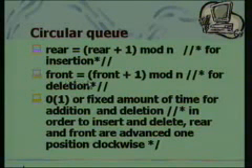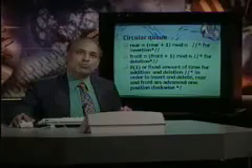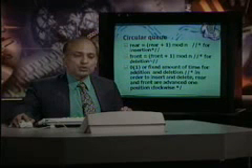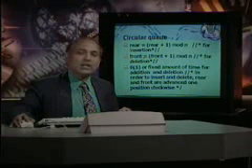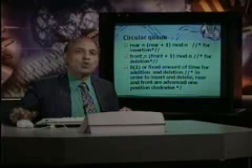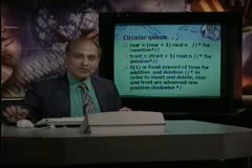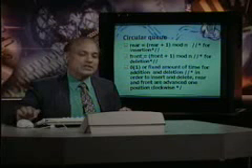Front will also be written in the same design, because if you keep on removing elements, front also has to move in the circular direction. So this expression shows that both front and rear move in clockwise positions, and from the end they come to the first position rather than shifting.